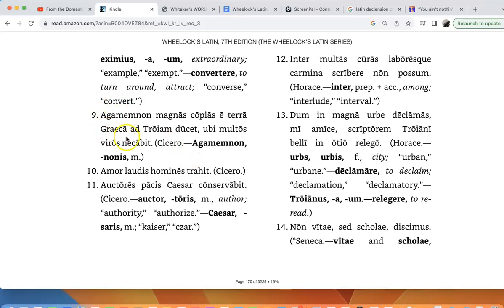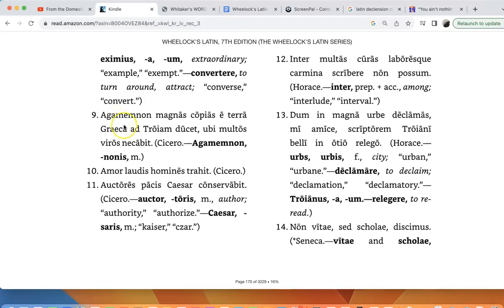Number 9, I'm going to do a couple more here. Agamemnon, of course, the idea was that when Helen, they were all fighting for Helen, but Helen's father made all the Greek leaders promise that to whomever she was given or betrothed, the other Greek leaders would protect Helen. And so they all swore a pact.